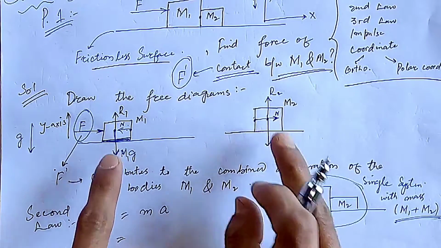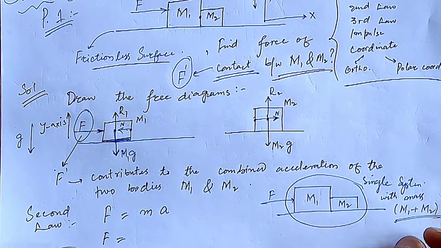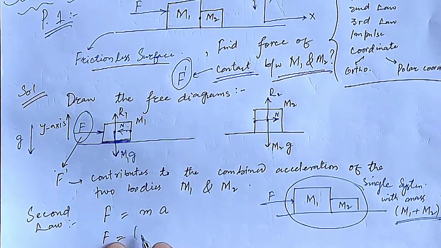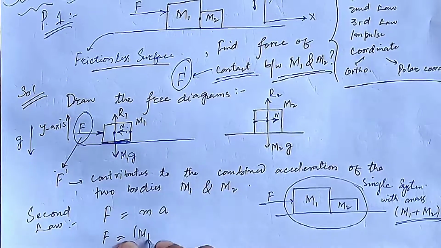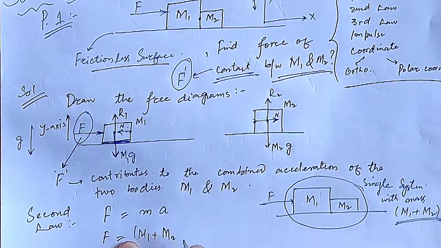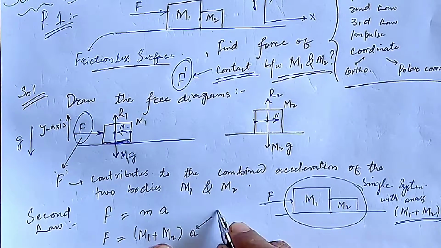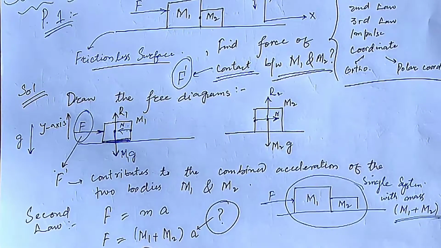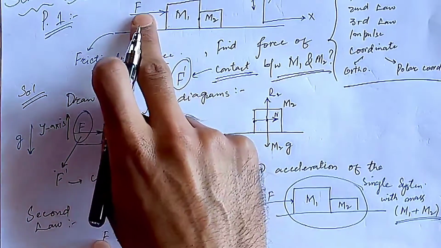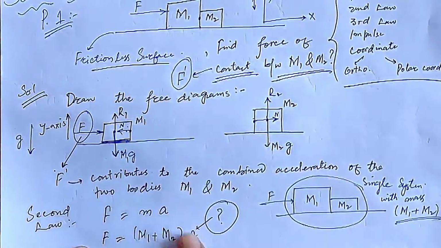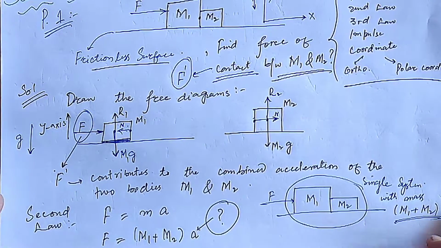Now we have two bodies taken at a time, so the total mass is m1 plus m2, times the acceleration. This is the acceleration which is unknown till now, because the force is known, given in the problem as F, and the masses of the two bodies are given, so we can calculate the acceleration.